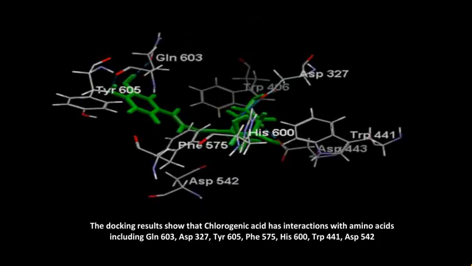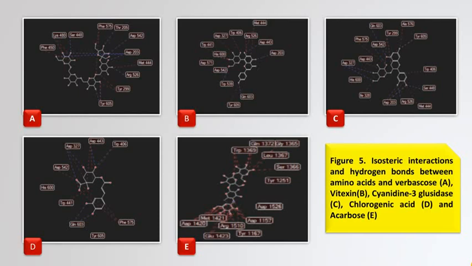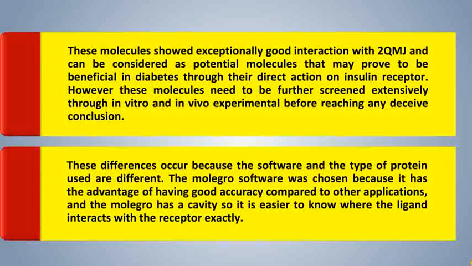And this is the result show that cyanidin triglycoside has interaction with amino acid. This is the result show that chlorogenic acid has interaction with amino acid. So this is a 2D that A is isosteric interaction and hydrogen bond between amino acid and verbascose. B is vitexin. C is cyanidin triglycoside. D is chlorogenic acid, and E is acarbose.